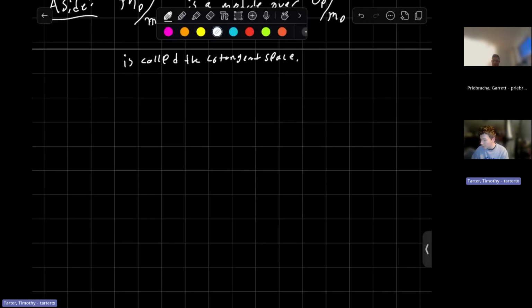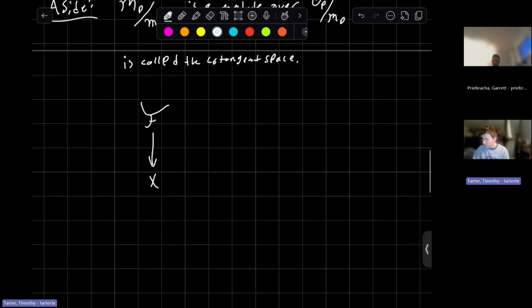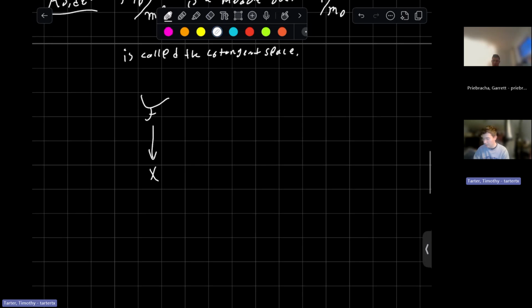You may have to think more when dealing with a category of objects that isn't sets with additional structure, but there aren't any surprising complications. In any case, this won't be relevant for us, although people who want to do this should start by solving a certain exercise. Sheaves and pre-sheaves are often written in calligraphic font. The fact that script F is a sheaf on a topological space X is often written as script F down to X. So I guess, oh, it's not an arrow. It's just this.